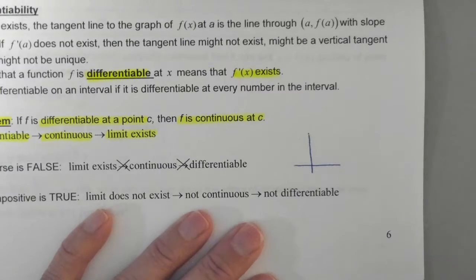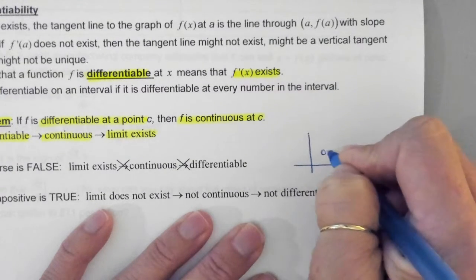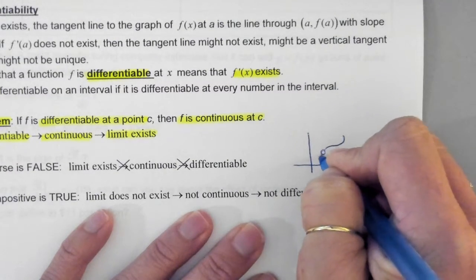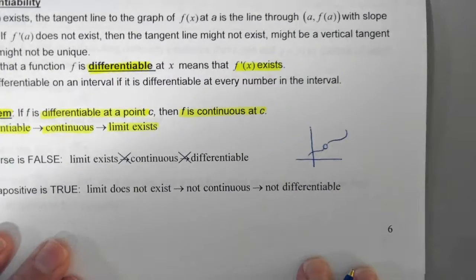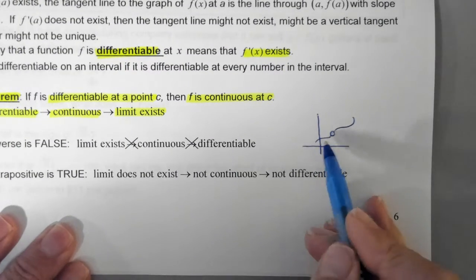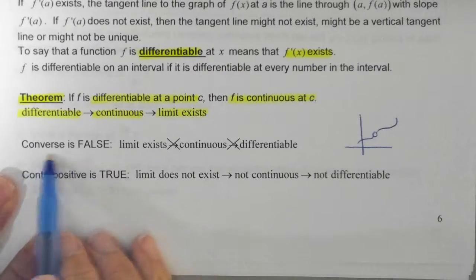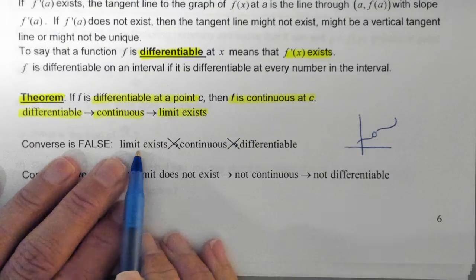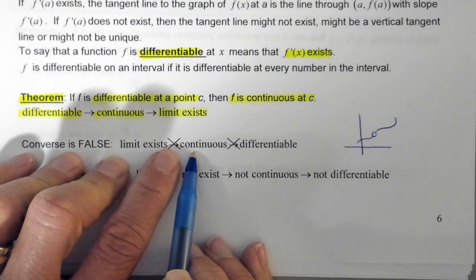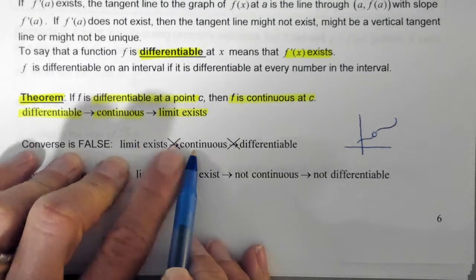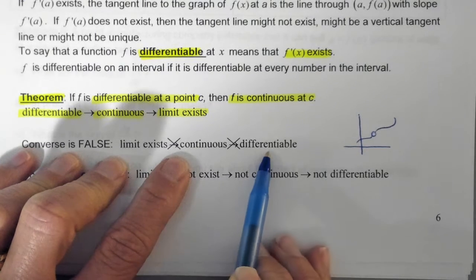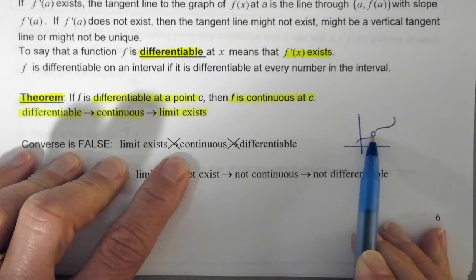Yeah, if you have a hole there. If I have a hole right here, and my graph approaches the same value from the left and from the right, the function's not continuous, right? In order to get over that hole, I'd have to pick up my pen or my pencil or whatever I'm drawing with. So this is why this is false. The limit could exist, but that doesn't necessarily mean that the function is continuous. And if the function is not continuous, you cannot take the derivative. I can't take the derivative here.